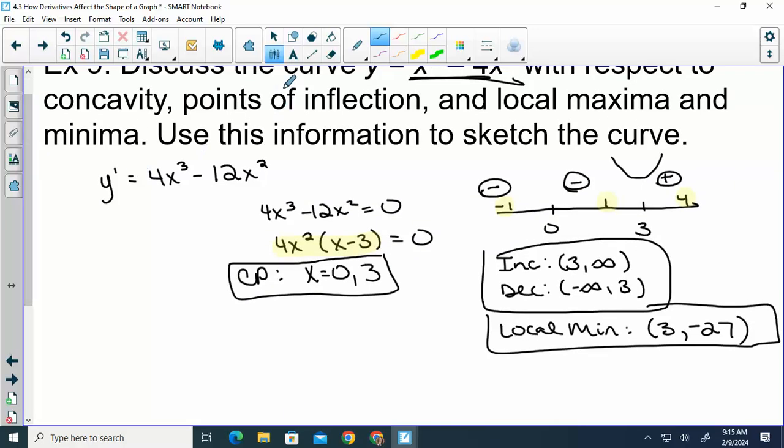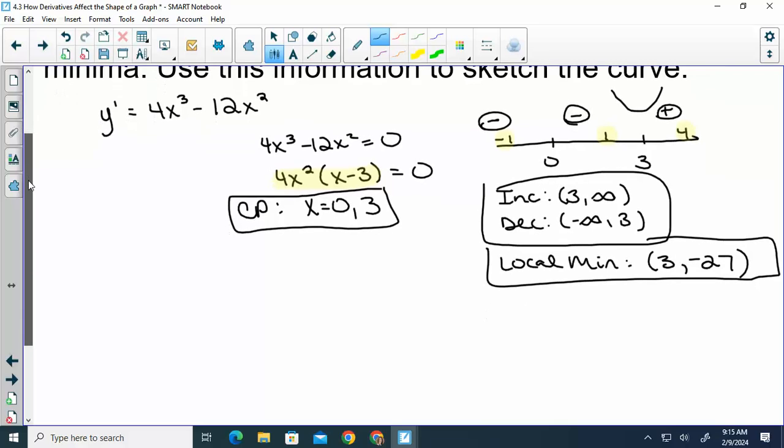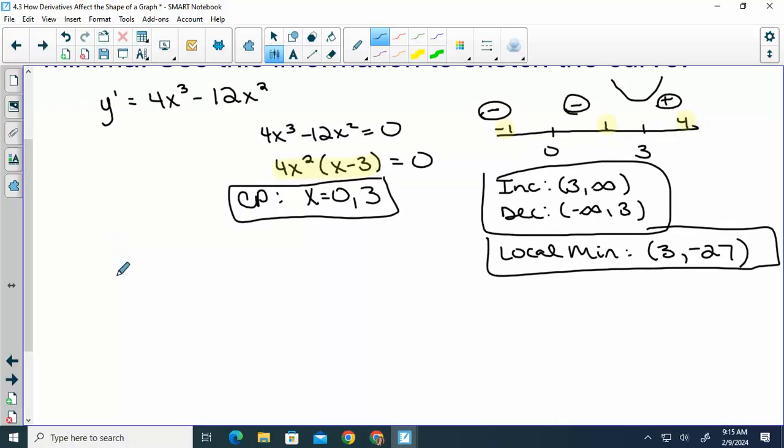Now, we've got our maxes and mins, but we need inflection points and concavity. So what do we have to do? Second derivative. Okay, so I go back to my first derivative. I would do the one before we factored it. So that derivative is 12x squared minus 24x.